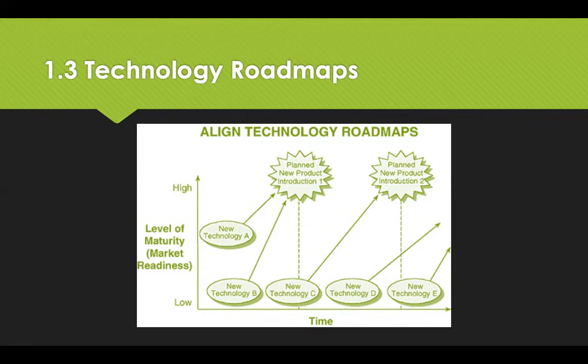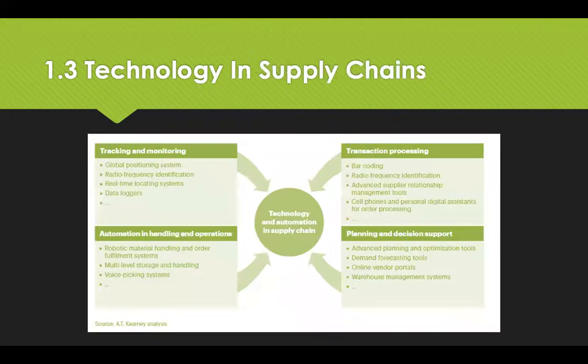Now, this integration is commonly described as a convergence of the technology roadmap for the buyer and supplier, but these roadmaps describe the performance, cost and technological characteristics of any future products that either party intends to develop and introduce over a specific time frame.